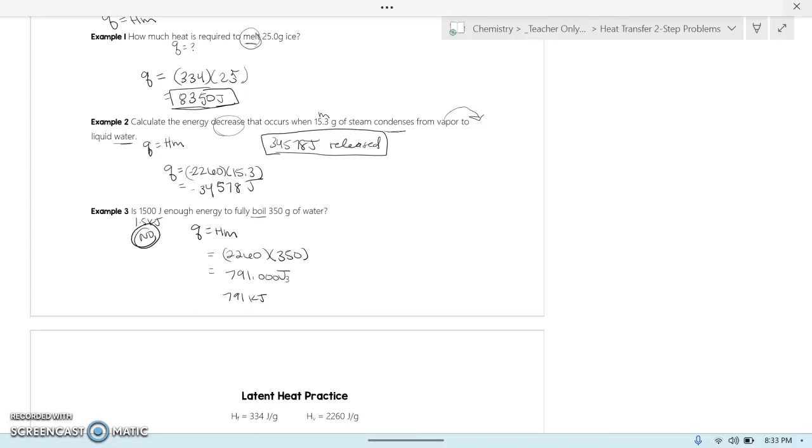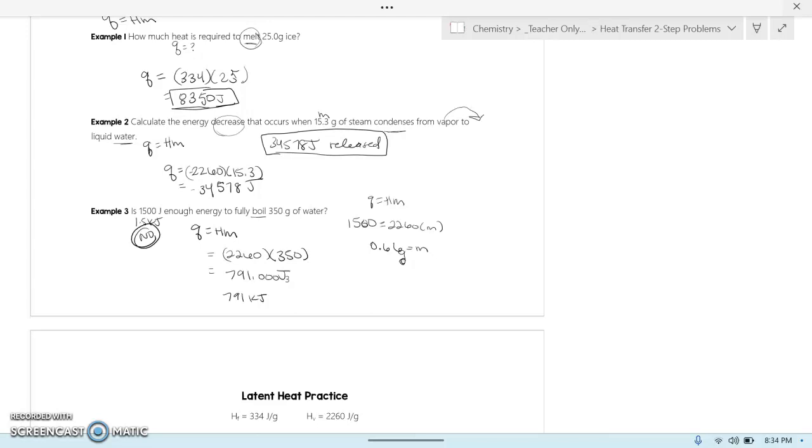So let's do another problem just to figure out how much of the water we can actually boil with this 1500 joules. In that case, we're still going to use Q equals HM, but now we're going to plug in Q and H and say, how much water can I boil with that much? It doesn't look like it's going to be a very significant amount. Yeah, as expected, a fraction of a gram.